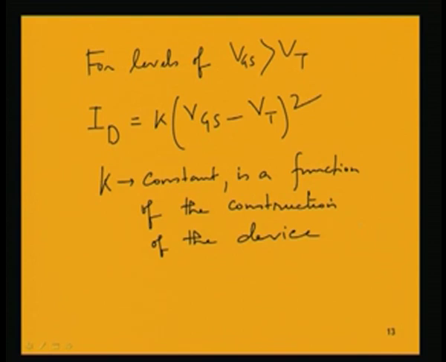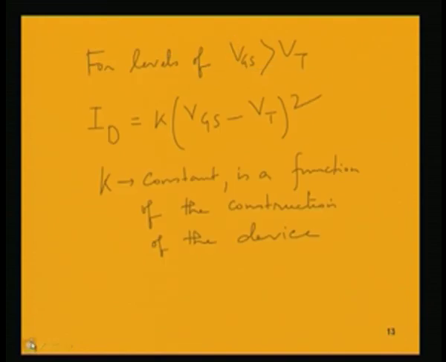So, for a particular MOSFET device, the value of K we can know, and for a particular MOSFET device the value of threshold voltage also we know. So, the relation between the drain to source current and the VGS can be found out from this relationship. And how to find out the value of K?